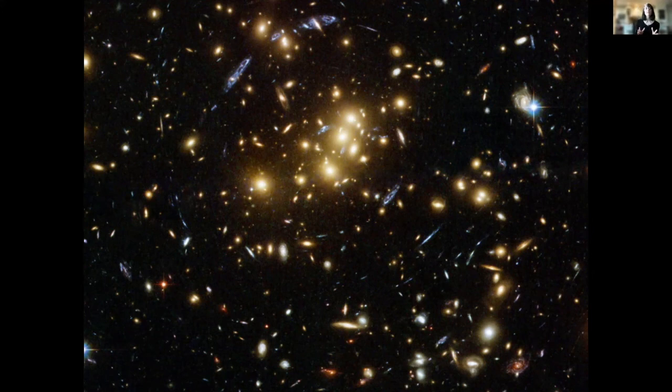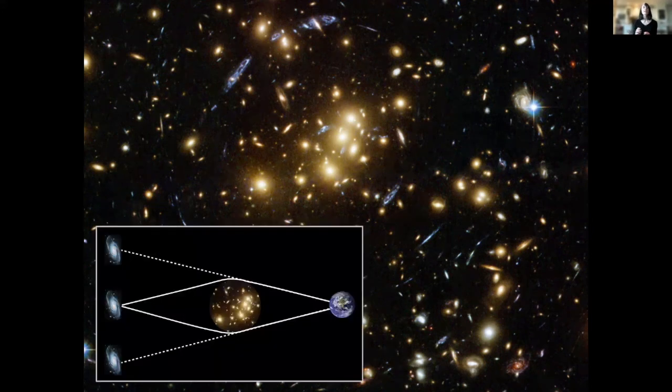The masses of these clusters act like a lens, and that lens bends and focuses the light from the galaxies behind them in a process called gravitational lensing. So those blue streaks that you see are the distorted and magnified images of galaxies that are behind the cluster. Their light has been bent by the curvature of space-time due to the gravitational field of the cluster itself.